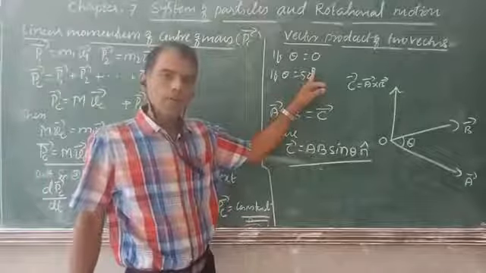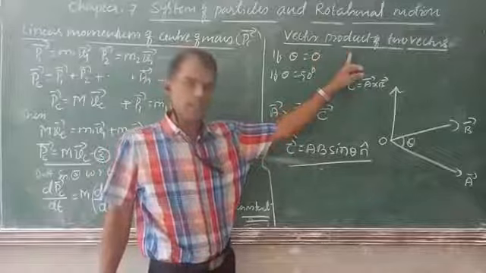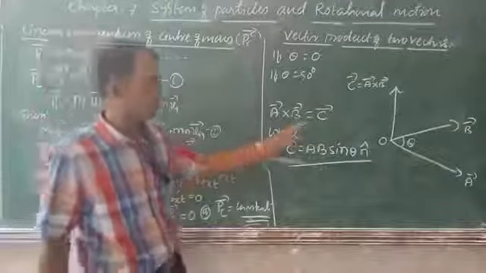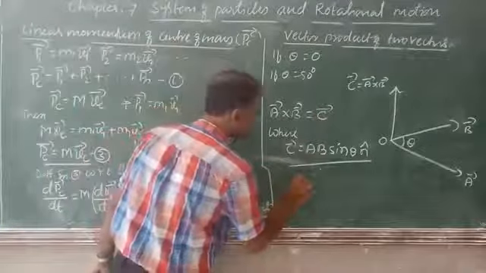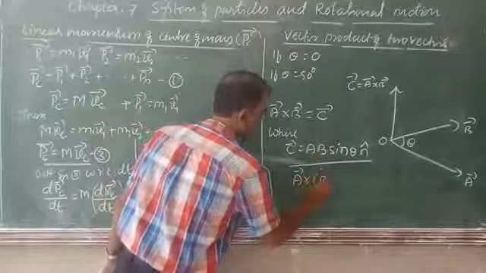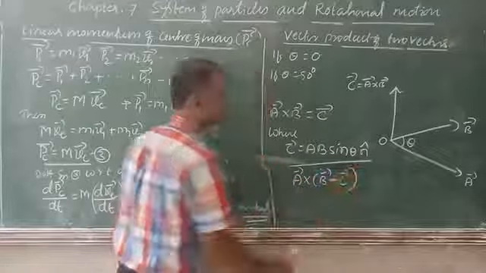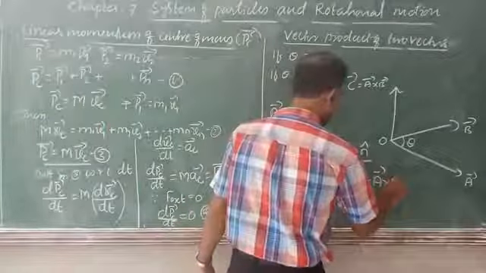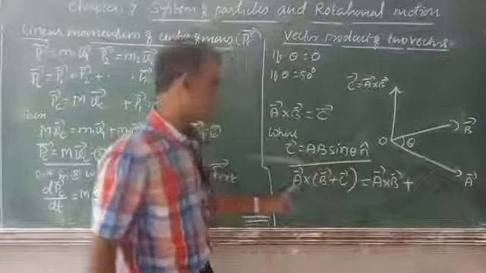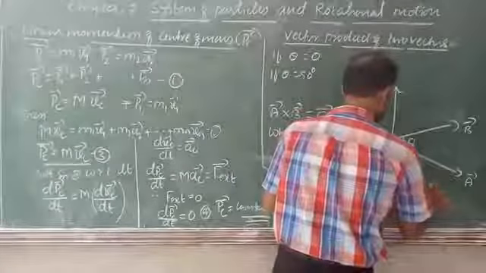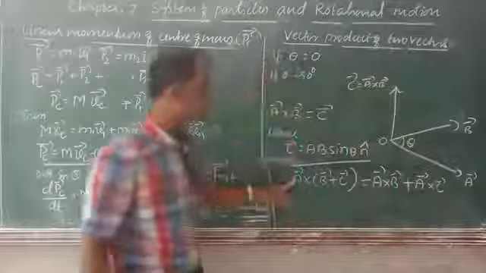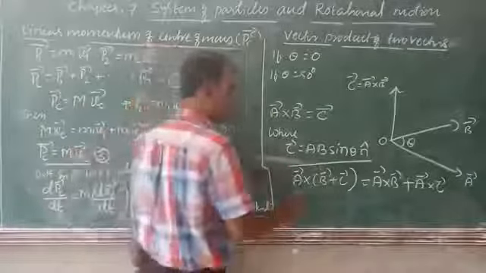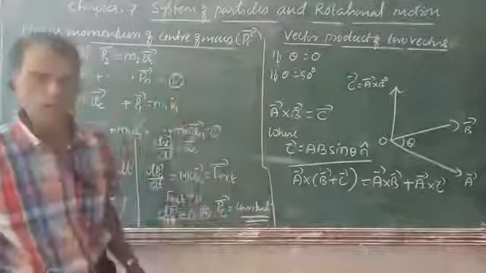Then we have some identities related to the vector product. The vector product obeys the distributive law, which means vector A cross the sum of vector B plus vector C can be written as vector A cross vector B plus vector A cross vector C. So the vector product of two vectors obeys the distributive law, but it is non-commutative.